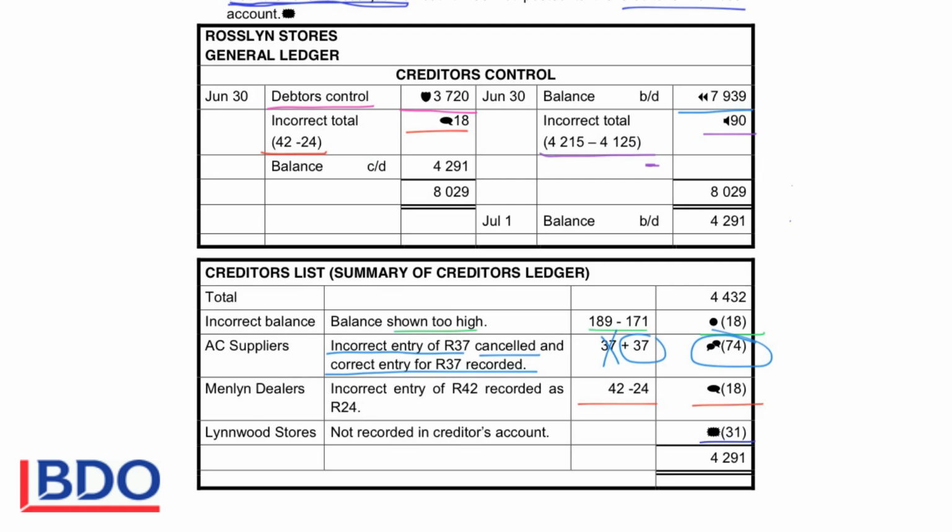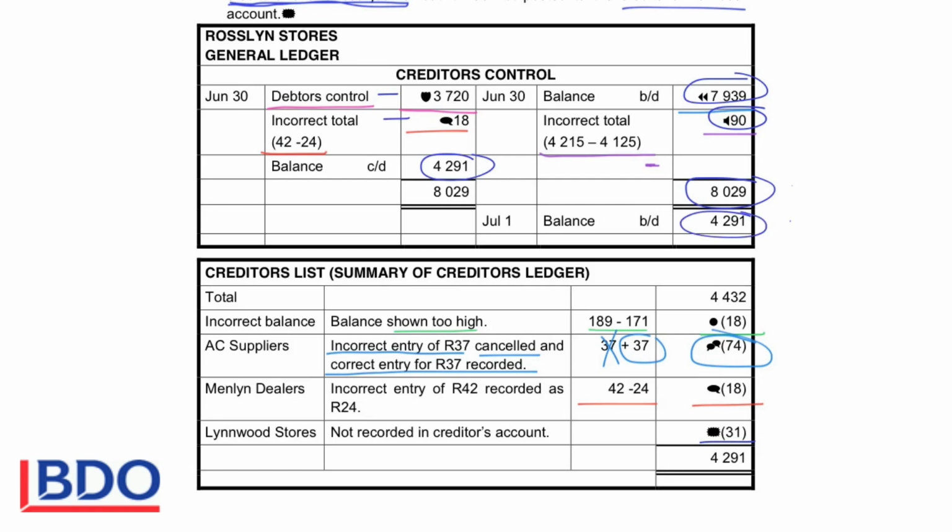After we've made all these corrections, we will balance the creditors control account, so we will add the 7939 plus the 90 to give us a total of 8029. Then I take the 8029 minus the 3720 minus the 18, and that will give me a new balance of 4291.